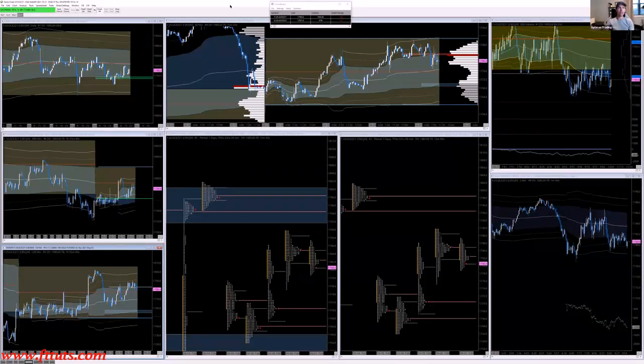Crude bouncing a bit. Well, that may be all we get from gold. We'll see if this little retest of both developing value area lows holds.